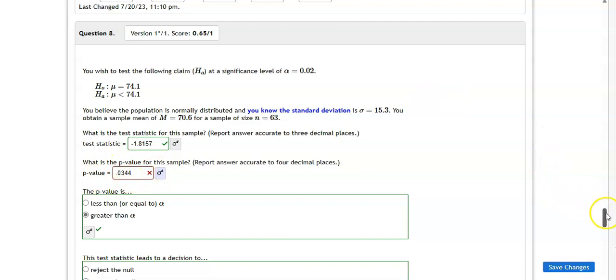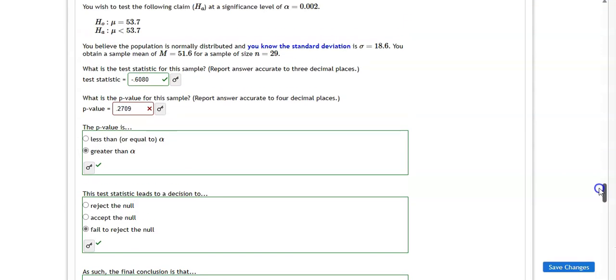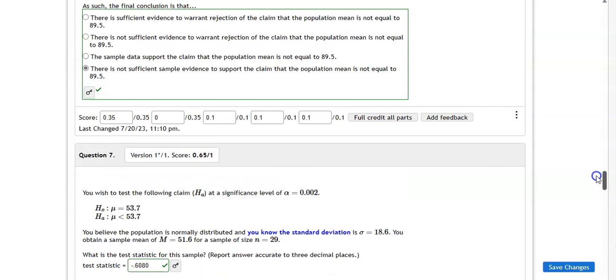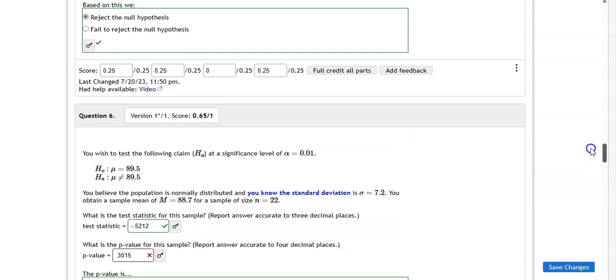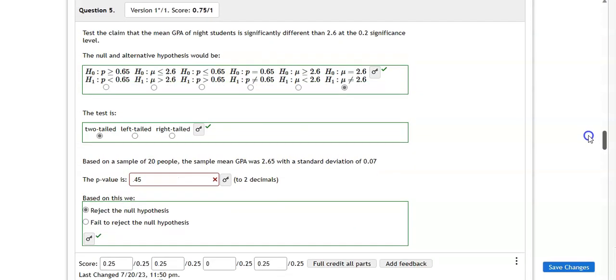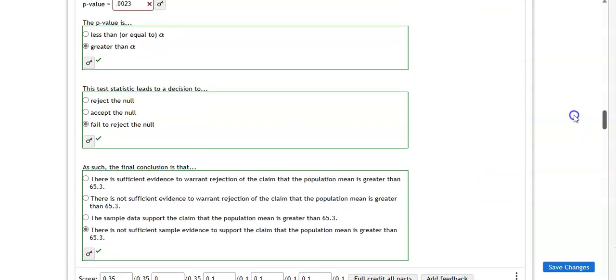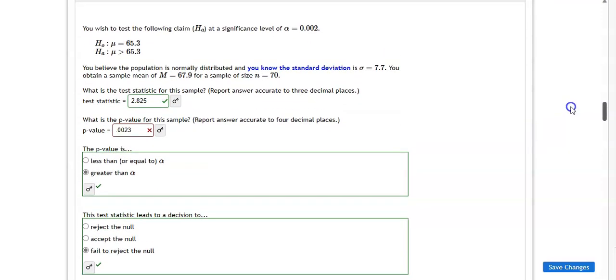Now, let's see if we've got a right-tailed test somewhere. That's left-tailed. That is a two-tailed. Just mention a right-tailed. Okay, there we go. That's a right-tailed right there. So we have a right-tailed test. We've got a greater than in our alternate, so we know it's right-tailed.